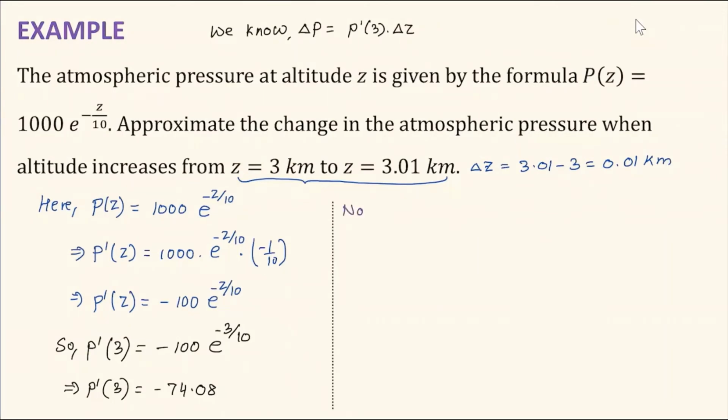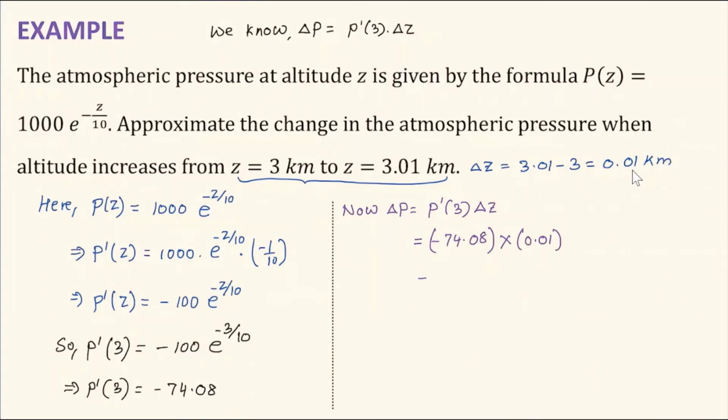Now we need to find the change in pressure, which is delta P, equal to this formula here: the derivative at 3 multiplied by the change in altitude. The derivative of the function at 3 is negative 74.08, and we multiply that with the change in altitude, which is 0.01.